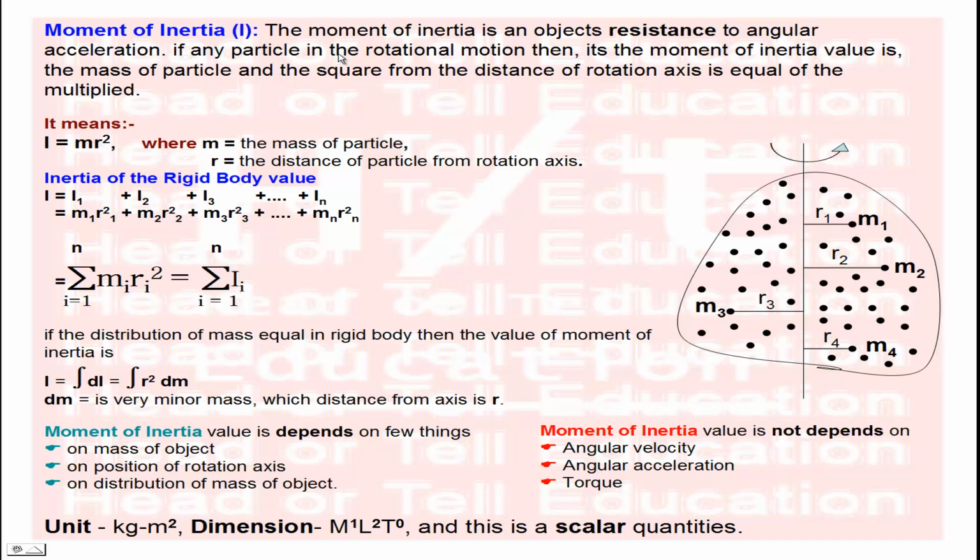If any particle is in rotational motion, then its moment of inertia value is the mass of the particle multiplied by the square of the distance from the rotation axis.